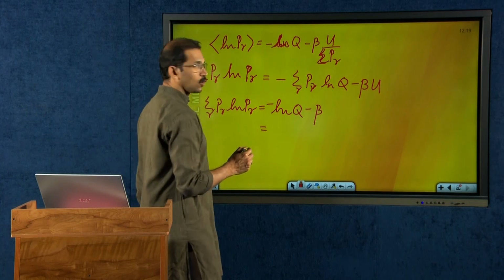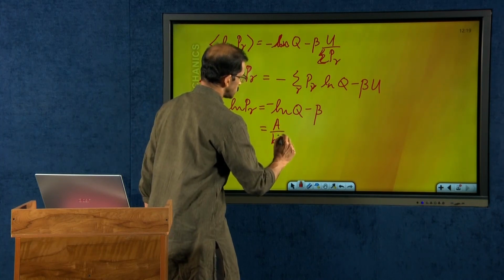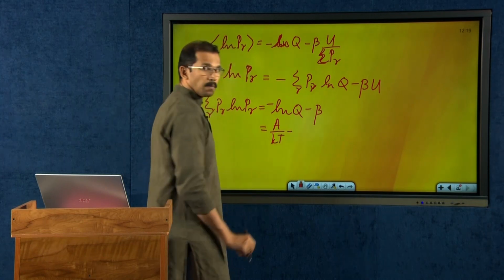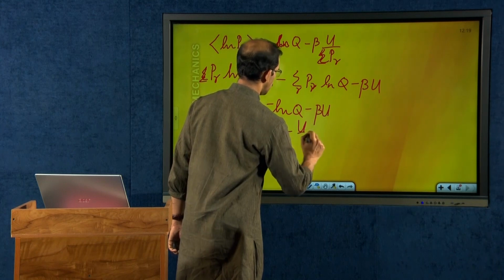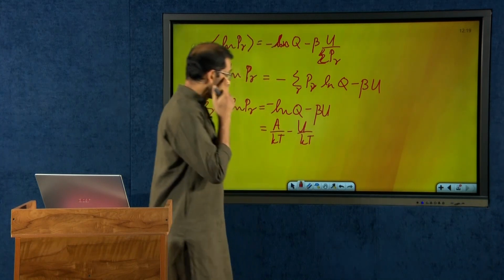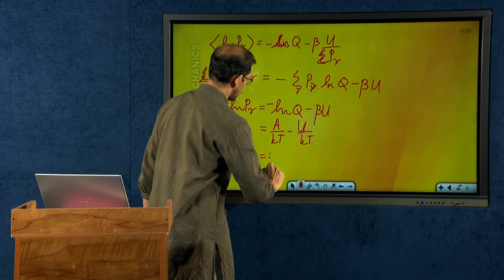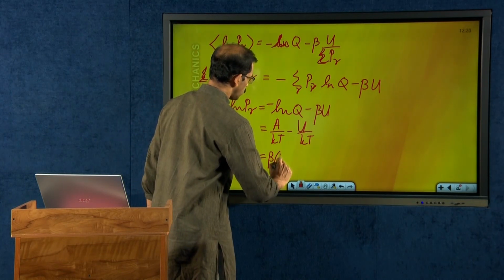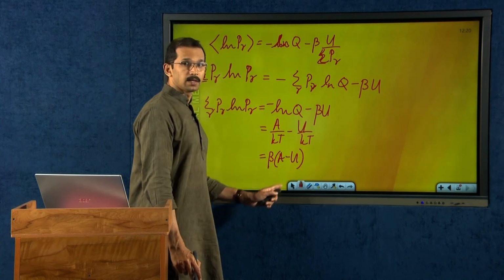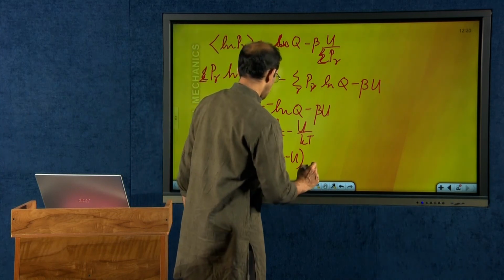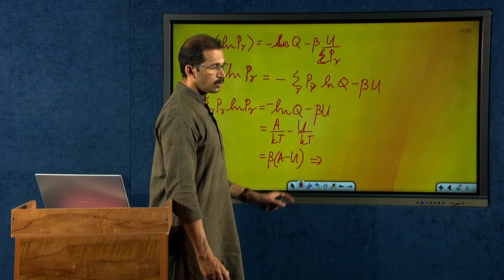So, substituting that over here, I can write A by KT minus beta U, U by KT, because beta is equal to 1 by KT, right. So, based on which I can write beta into A minus U, and A is equal to U plus TS.